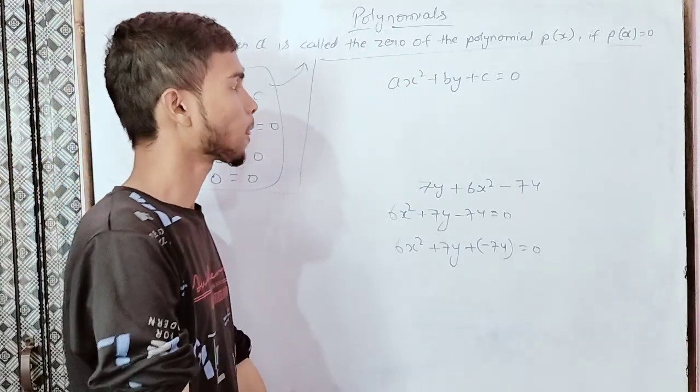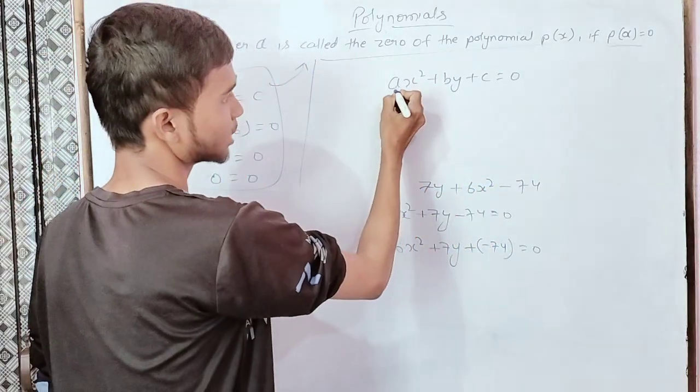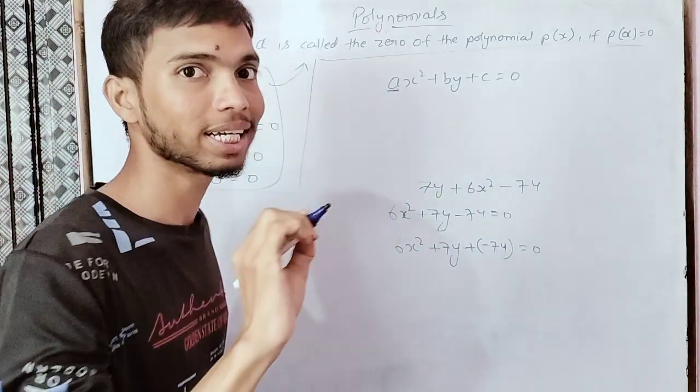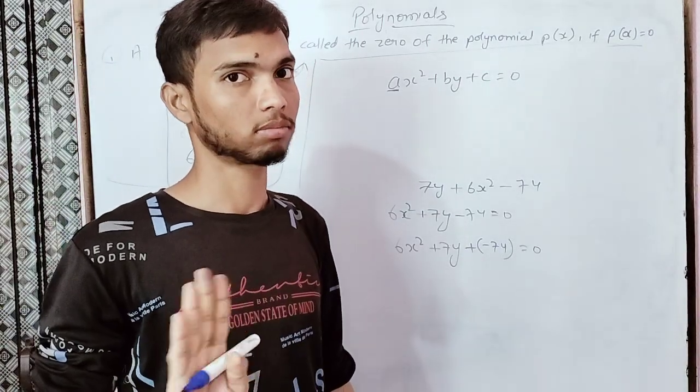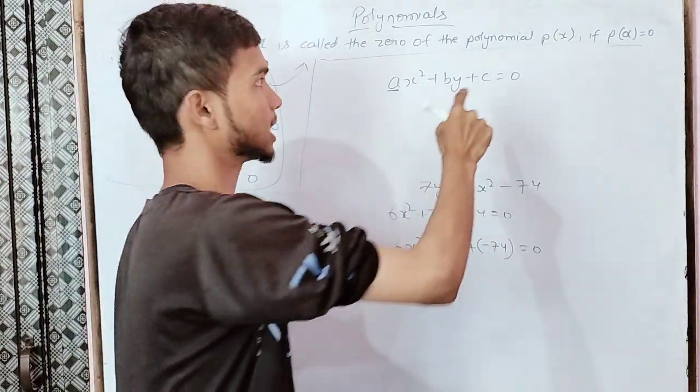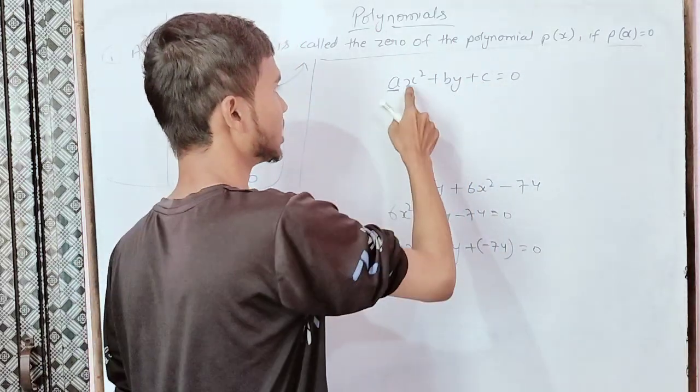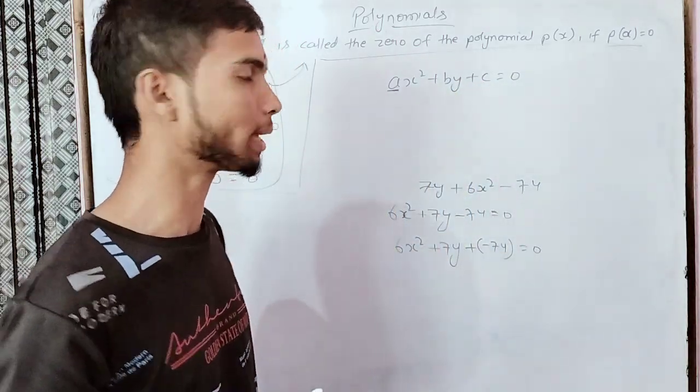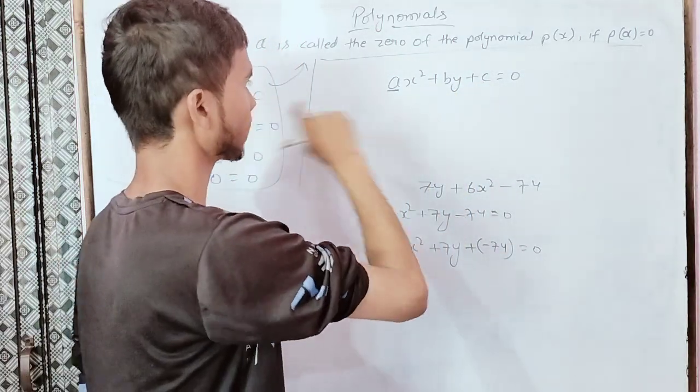From here you have to understand what a is. a is not a variable, b is not a variable, c is not a variable. The variables are x and y in this case.